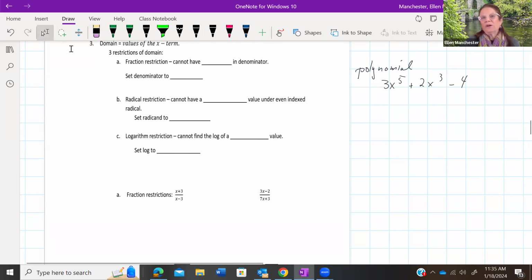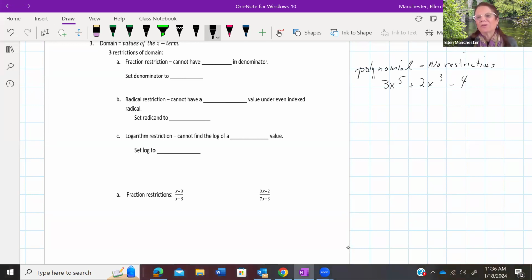Well, and this is one of the questions in your My Math Lab. With a polynomial, there are no restrictions. In other words, my X's can be fractions, they can be decimals, they can be 0, they can be positives, they can be negatives.